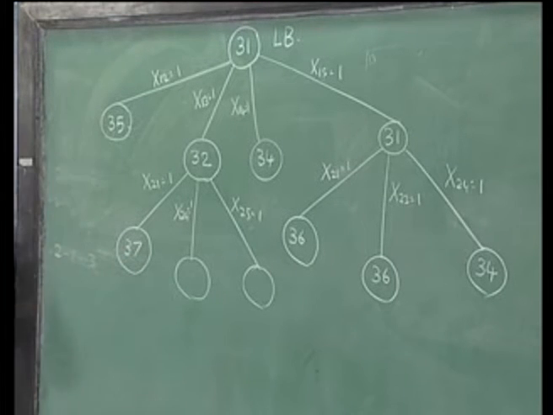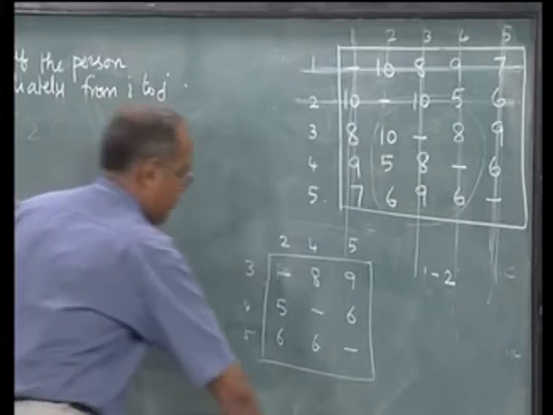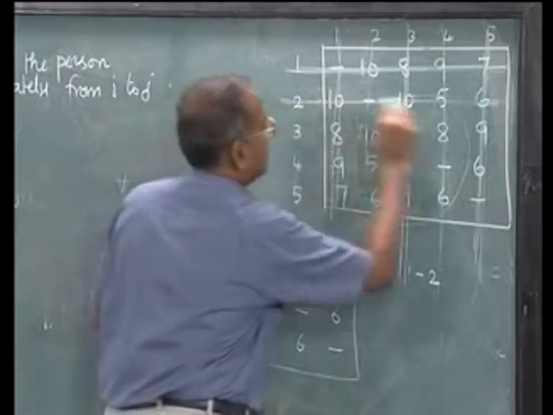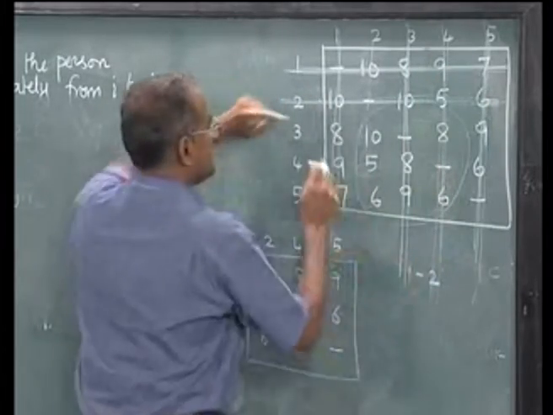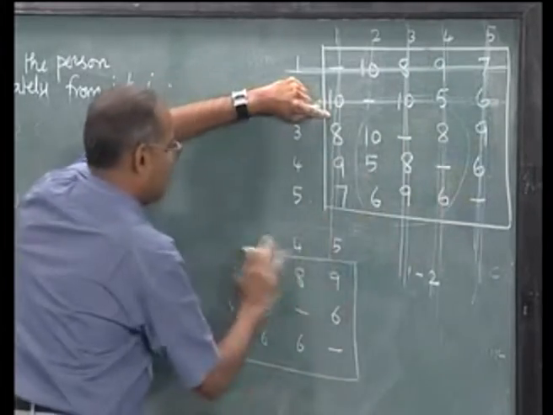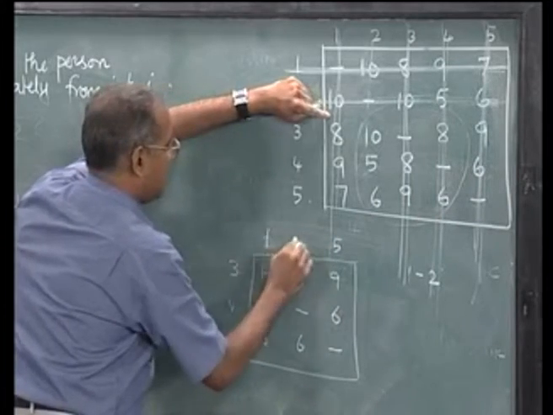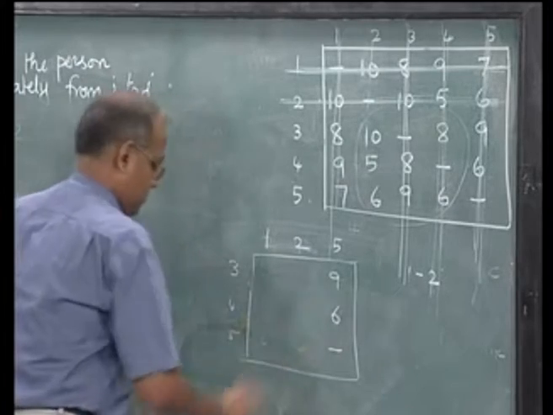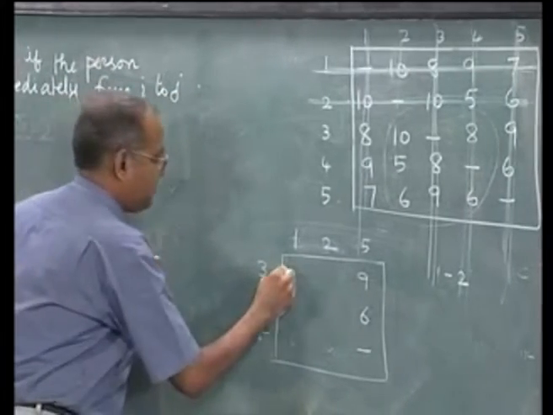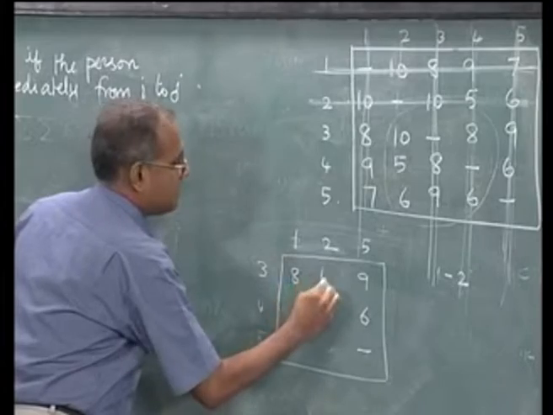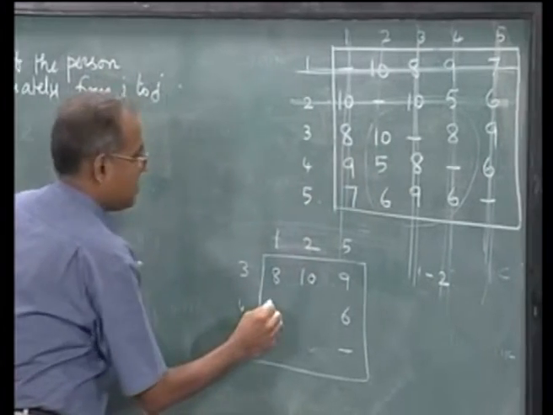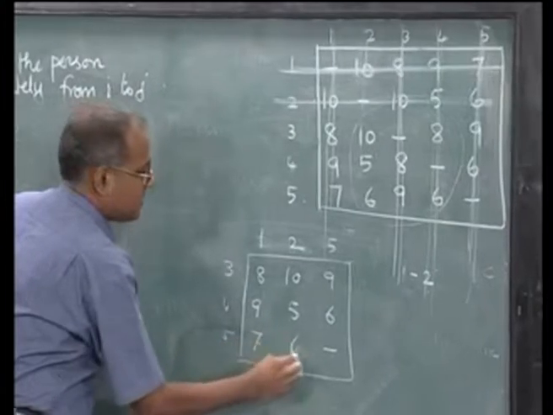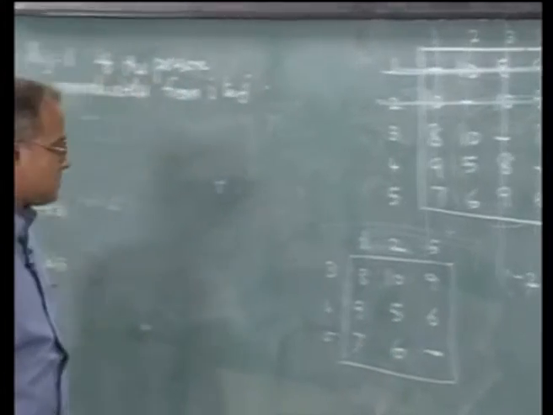Now, the next one I do 1 3 and 2 4. So, I have eliminated 1 3, I have eliminated 2 4. So, I have 1 2 and 5. So, I will have 1 2 and 5 and the values will be 3 1 is 8, 10 and 9, 9 5 and 6, 7 6 and dash.